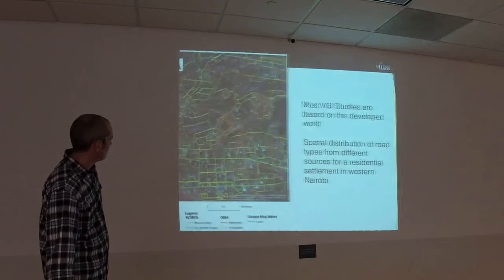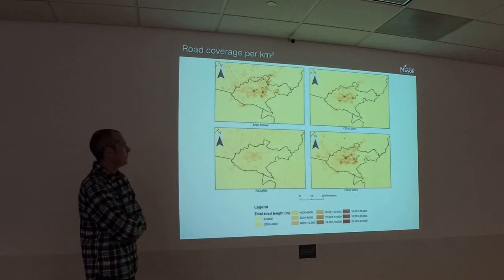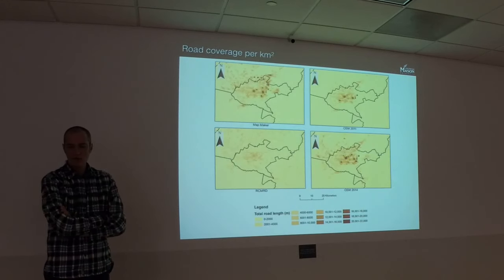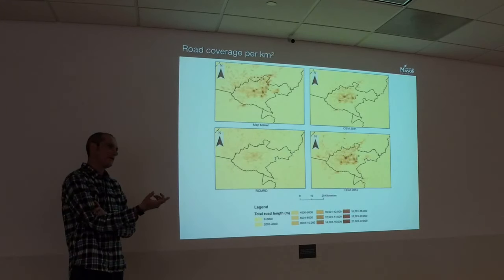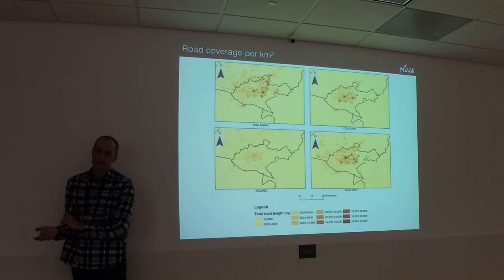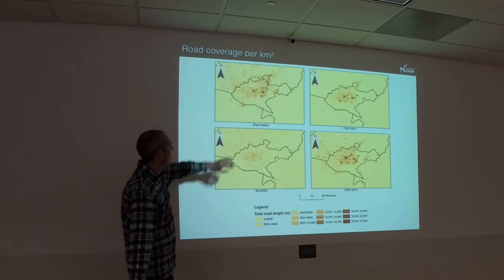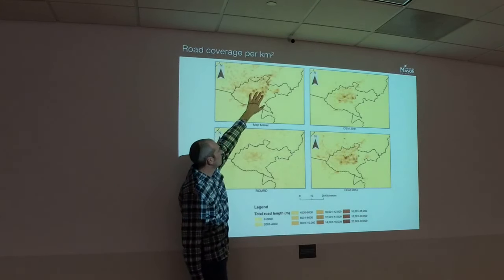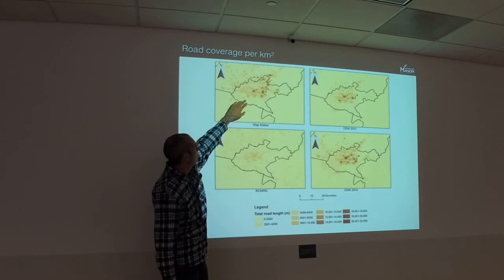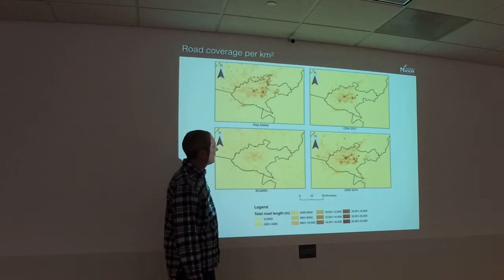And so you can download data. The first is to look at road coverage per 1 kilometre cell. Why we use 1 kilometre is because later on we look at population density, which is at 1 kilometre resolution. You can see with MapMaker, you get more dense road coverage in central Nairobi.